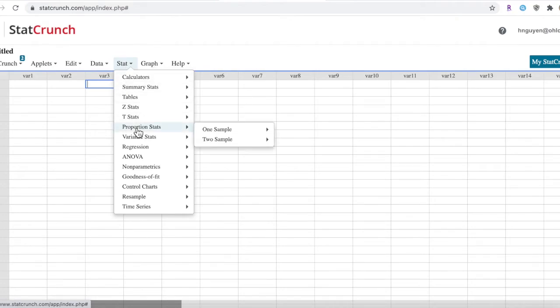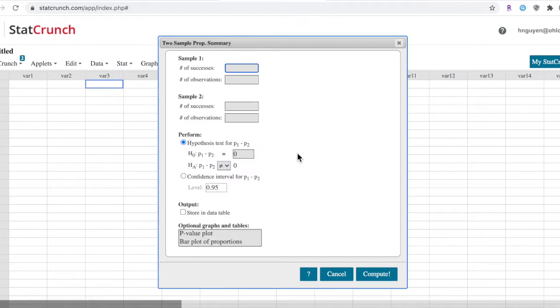Stat, proportion stats, 2 samples with summary. x1 is 234 and n1 is 360. x2 is 132 and n2 is 220. H0 says P1 minus P2 equals 0.